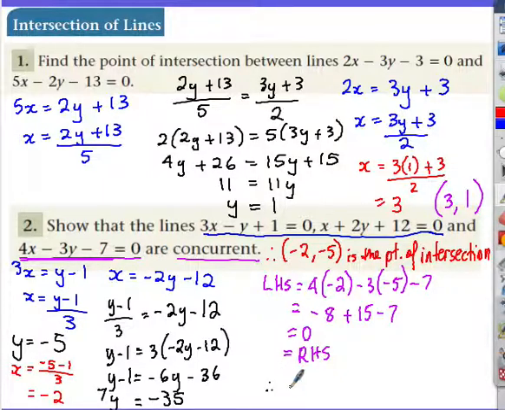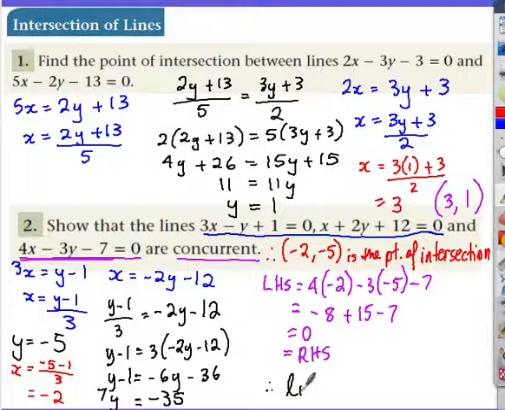Wait, so the left-hand side equals the right-hand side? So that means this point lies on this line because its coordinates satisfy the equation of the line. So the point of intersection of the first two lines lies on the third line. That means they all go through the same point. So they are concurrent.